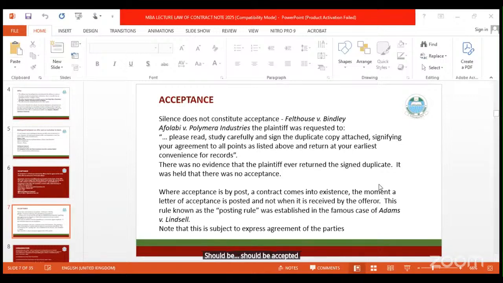Someone sends a message to you and says, look, if you accept, send me a message here, or send an email and things like that. Or, if you accept, tell this person. So there is something whereby you also have to accept by post. And of course, the locus classicus for acceptance by post is the case of Adams versus Lindsay.